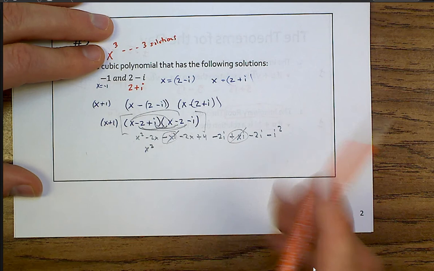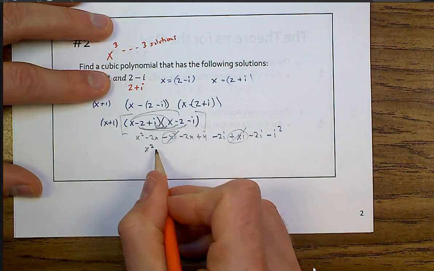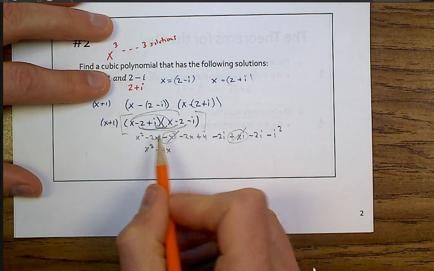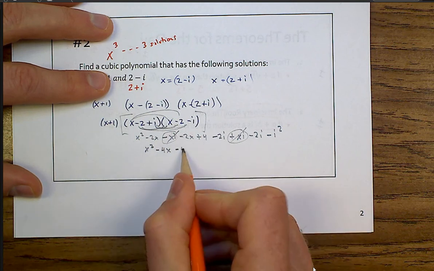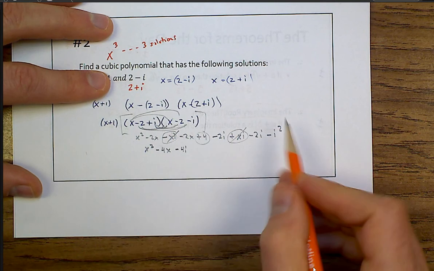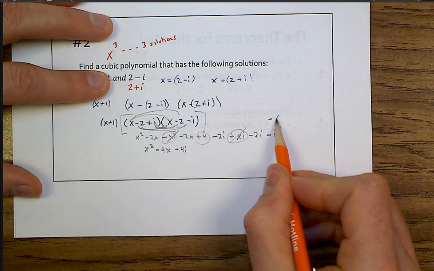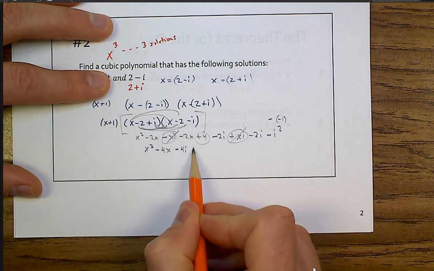I have a minus 2x and a minus 2x, so it's going to be a minus 4x. I have a negative 2i and a negative 2i, so that's a minus 4i. I got this positive 4. This is a negative i squared, so that's going to be a plus 1. So plus 1 and 4 makes plus 5.